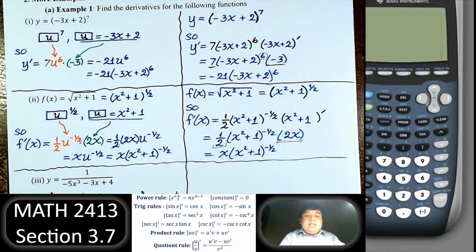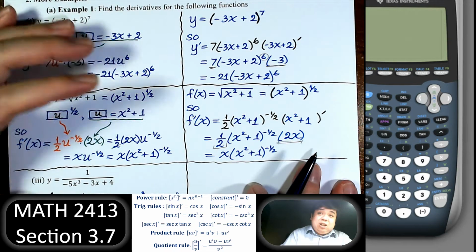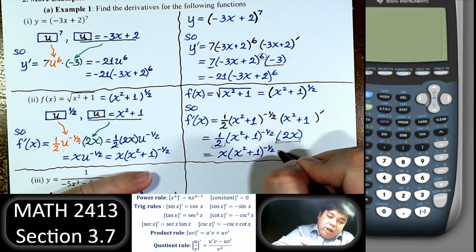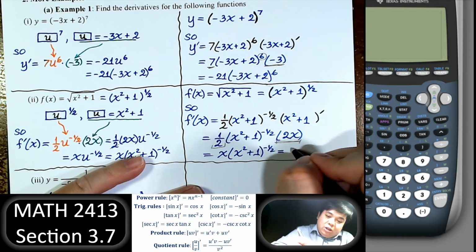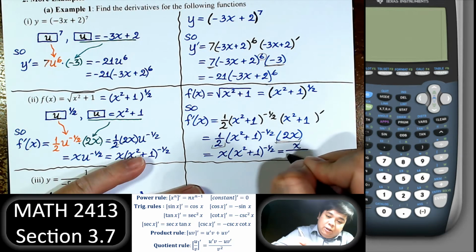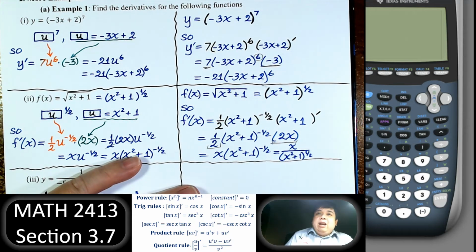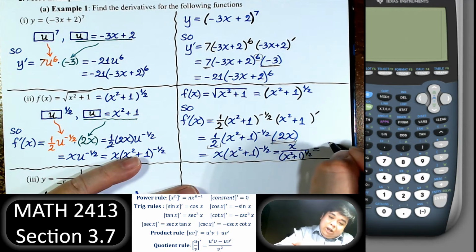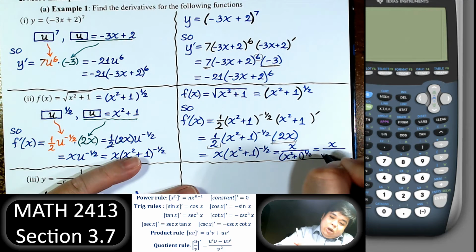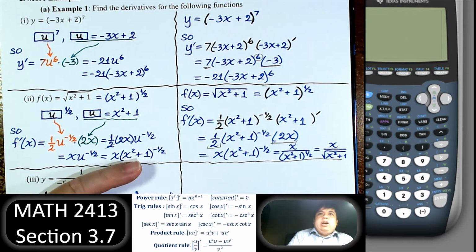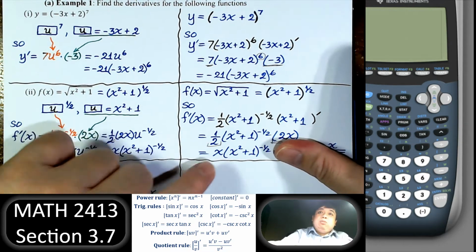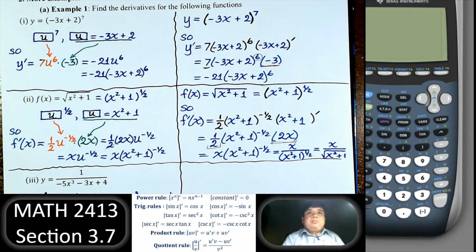So, like I said, that's correct, that's the answer. But if you want to, you can bring x squared plus 1 down to the bottom, turn it to a positive power. And finally, the 1/2 power, you can write that as the square root of x squared plus 1. Yeah, so if you want to, you can write the answer like that. But once again, the derivative up to this point is good enough.